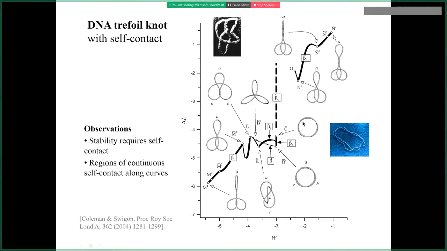There are also other things happening. For example, this configuration, which seems to be the minimum energy configuration, has contact all the way around this circle. Here we have various points of bifurcation. The takeaway point here is that all the configurations which are stable require self-contact.